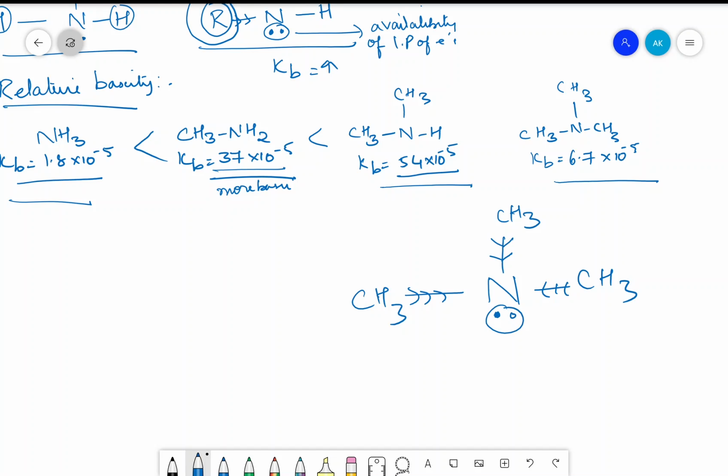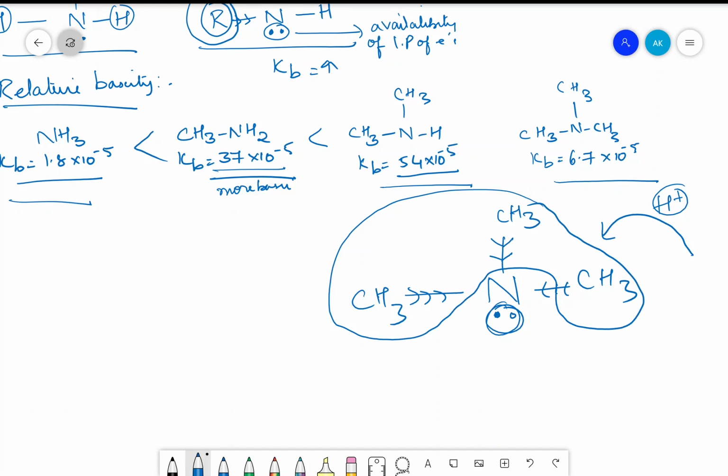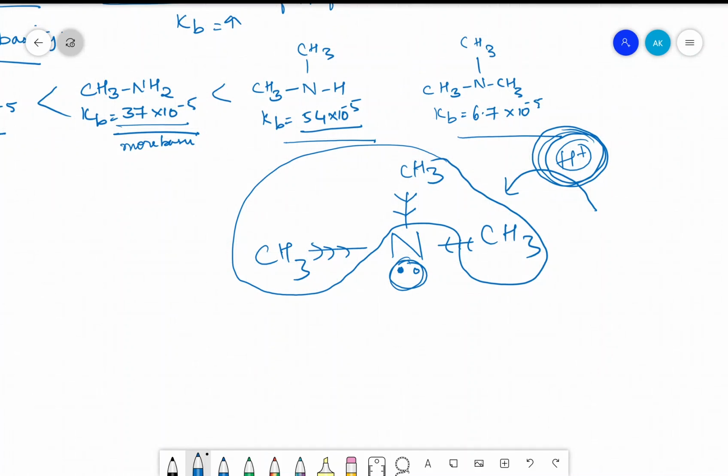But what happens here is, to show the basic property, the incoming proton should come and attack the lone pair. But due to this bulky group, in the sense these three methyl groups, it will interrupt the transfer of proton. And this interruption of transfer of proton due to the bulky group on nitrogen is called steric hindrance.